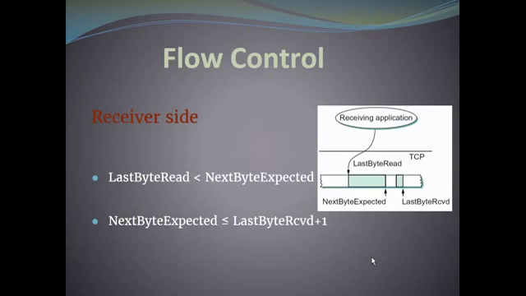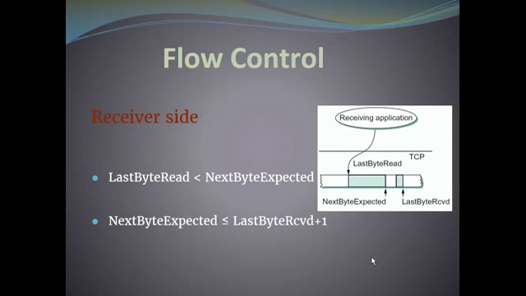A similar set of pointers is maintained on the receiving side also: LastByteRead, NextByteExpected, and LastByteReceived. This is the same as we have seen before. The inequalities are a little less intuitive, however, because of the problem of out-of-order delivery. The first inequality, LastByteRead < NextByteExpected, is true because a byte cannot be read by the application until it is received and all preceding bytes have also been received. NextByteExpected points to the byte immediately after the latest byte to meet these criteria.